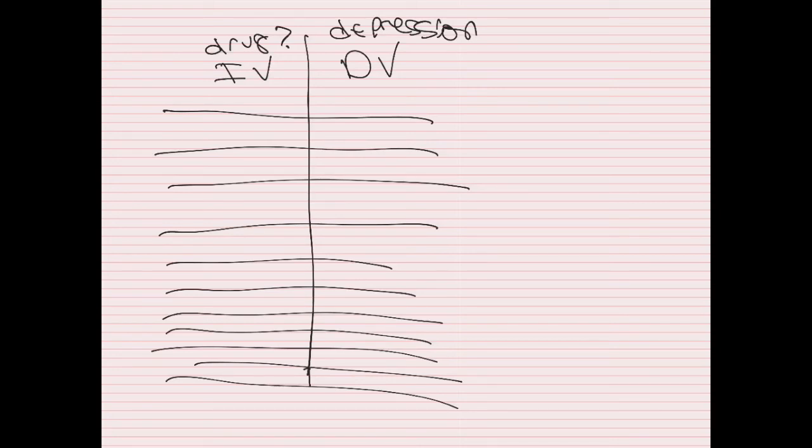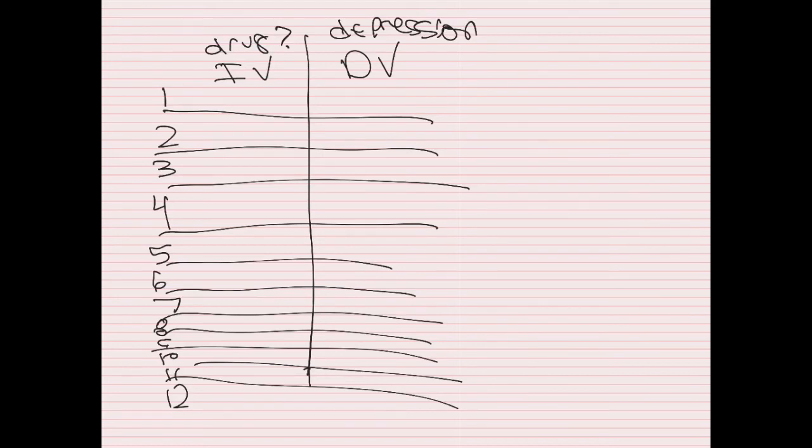So remember that there are 12 people in the database, 6 in each condition. So in a database, because they go down, this column is always the participant. It goes down like that. And so we stack them on top of each other.